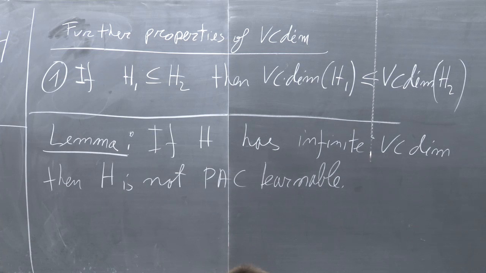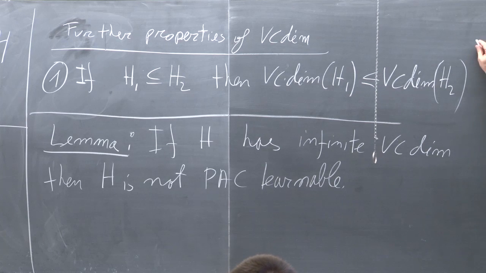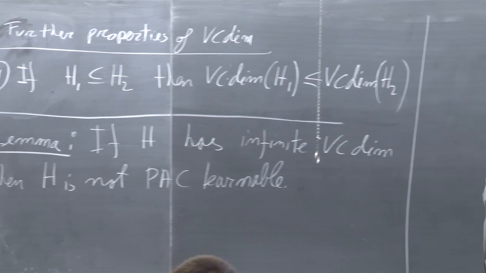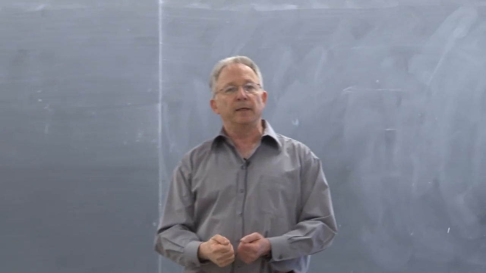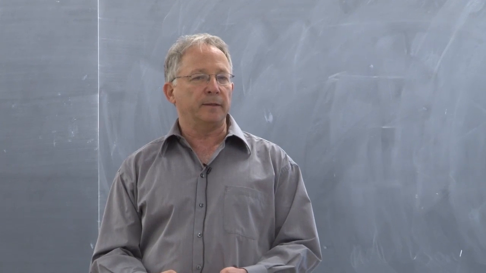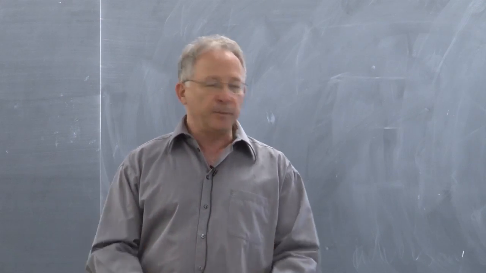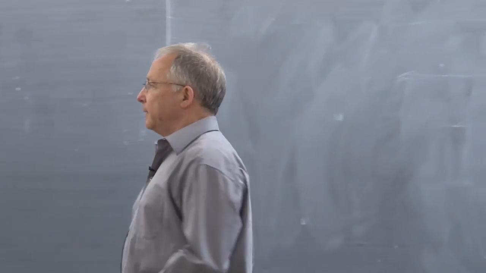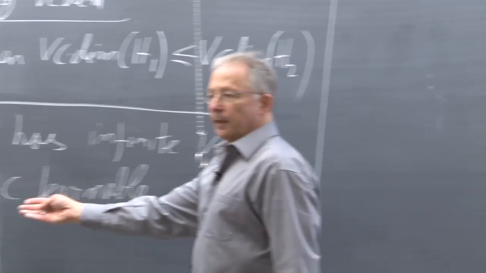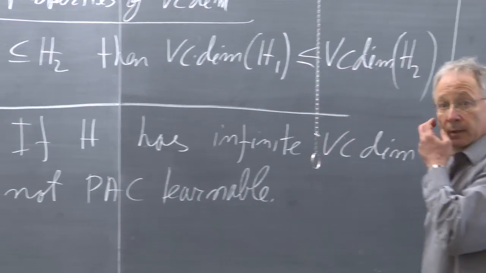So we begin to see a relationship between the VC dimension and learnability. Note that if it's not PAC learnable, then it's clearly not agnostic PAC learnable, and clearly ERM will not learn it. So of all the notions we've been playing with, this is the weakest one, and this one already fails if the class has infinite VC dimension.